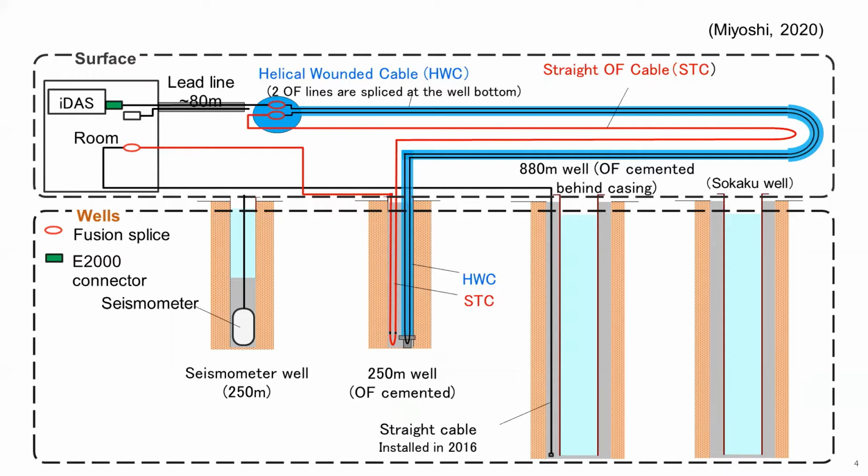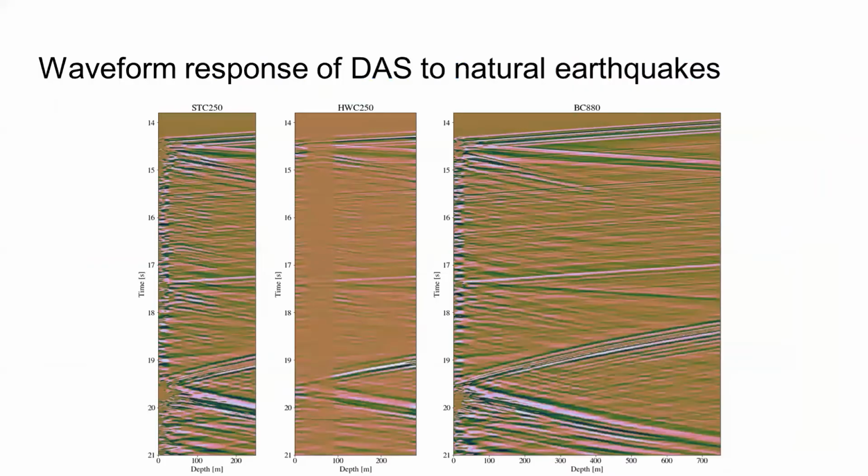The other well is 880 meters, where we install another straight cable inside. And here you see the schematic diagram of the wells.